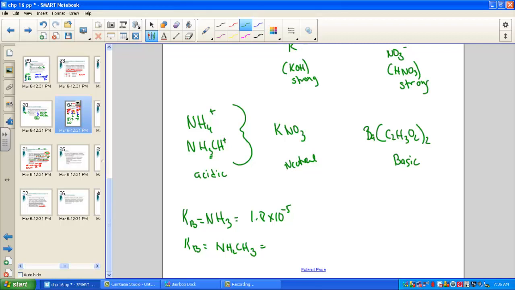So NH2CH3 is the parent base. Its Kb value: let me make sure I found that right. CH3NH2, the Kb value from appendix D, 4.4 times 10 to the negative fourth.